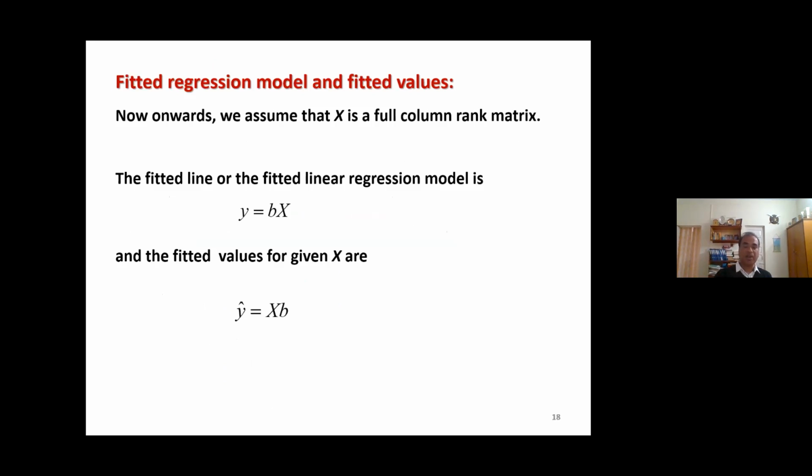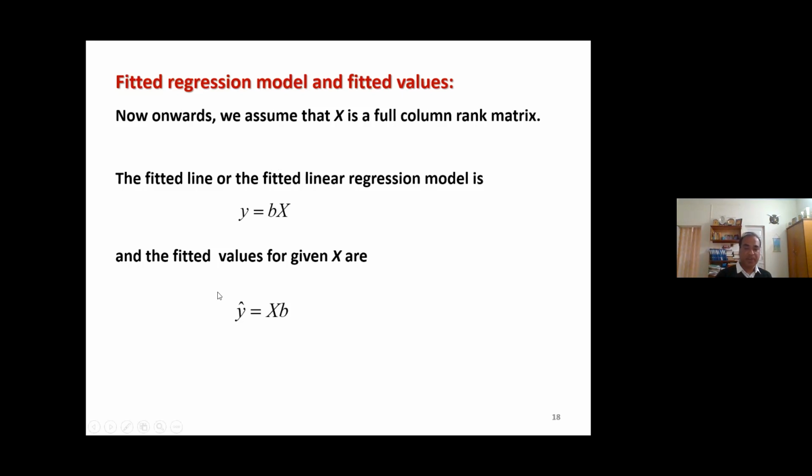So in this lecture, I'm going to concentrate on this ordinary least squares estimator. This is also the maximum likelihood estimator of beta. In this case, the fitted regression model can be obtained. Just consider the model y equal to X beta plus epsilon and replace beta by b.